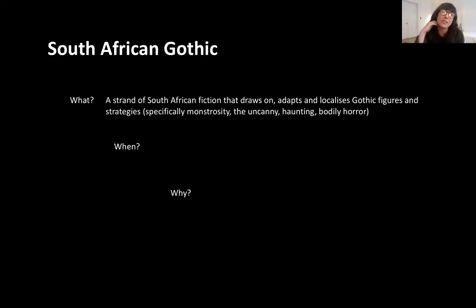And specifically, as we'll see as we go on, we're talking about strategies of monstrosity, an interest in the uncanny, figures of haunting, and then the part that we're not going to really get to today is the bodily horror. But again, like I said, if you want to talk about that, we can do that later on.